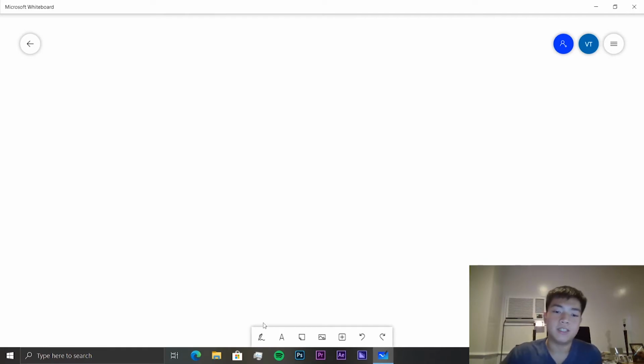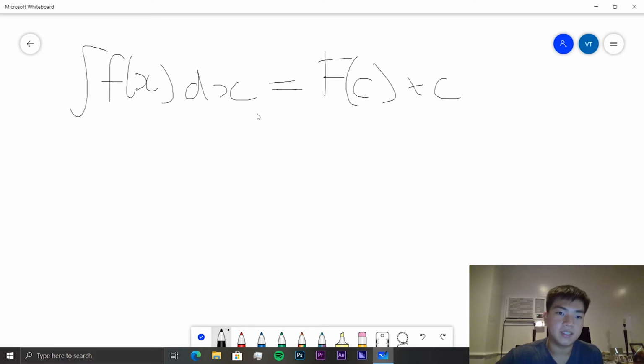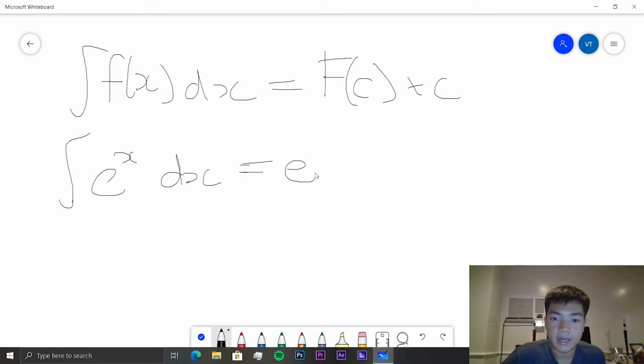So these are some rules that you might want to memorize. First of all, of course, the fundamental theorem of calculus: the integral of f of x dx is equal to an antiderivative plus a constant. That's basic. Next, these are all derived from getting the derivatives. So e to the x dx is of course equal to e to the x plus c.